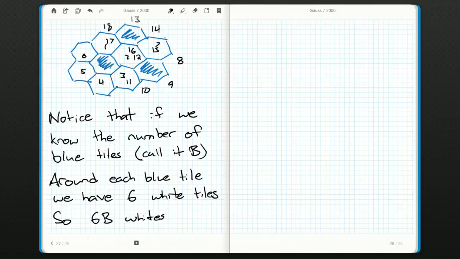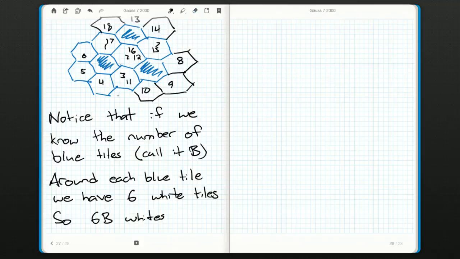So there I've counted 18 white tiles, but in actuality, let's finish our diagram a little bit, there's only 1, 2, 3, 4, 5, 6, 7, 8, 9, 10, 11, 12, 13 of them. So we counted 18, but in fact, we only have 13.